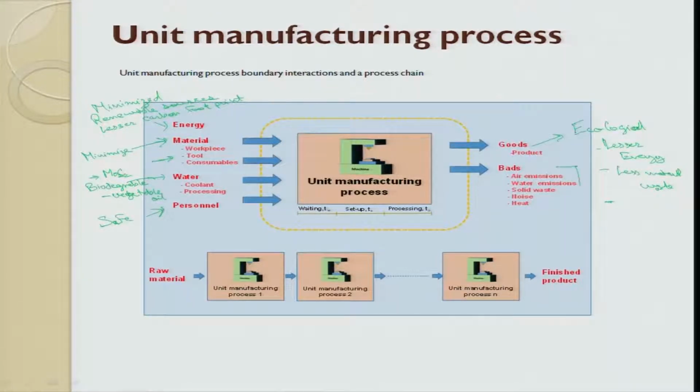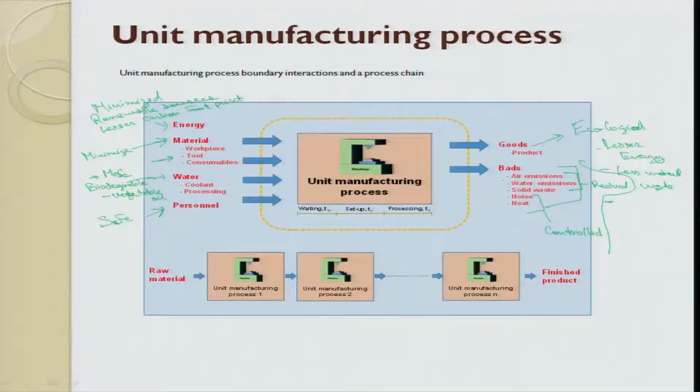Now there are bads that are associated with manufacturing. Air emissions, water emissions, these should be reduced. Then noise and heat, we cannot eliminate these, but these can be controlled, right?